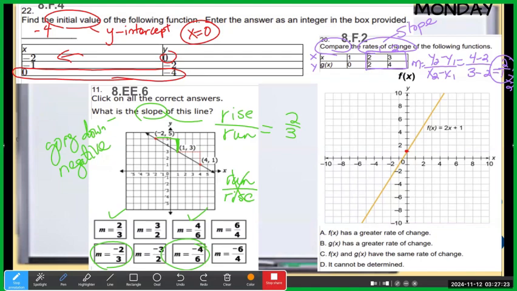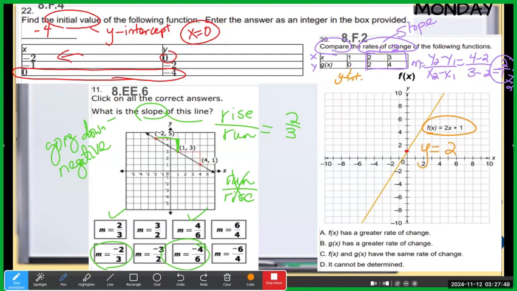Good job. Hayden recognized that's our y-intercept. We don't need it in this instance, but we do know how to find it. At the bottom, you should have recognized they gave you a coordinate plane, but they also gave you an equation. What do I know about the equation form? It starts with y equals.